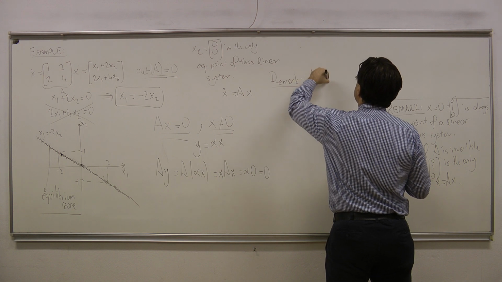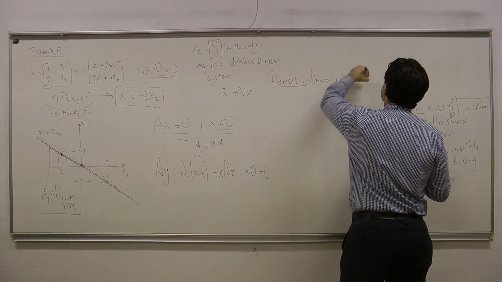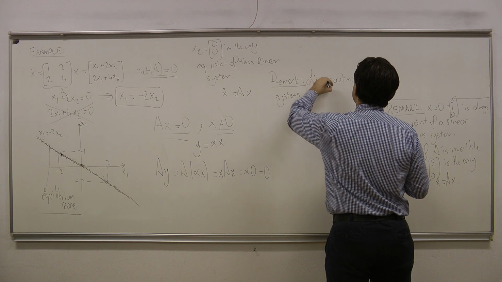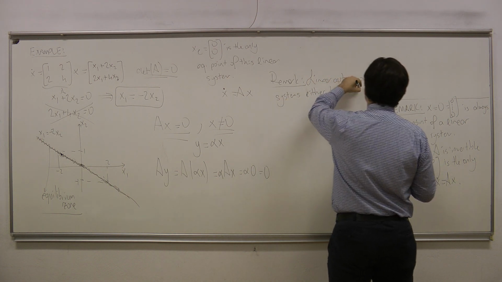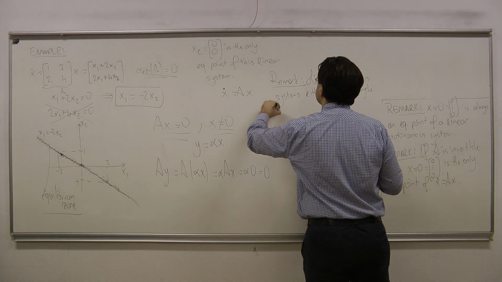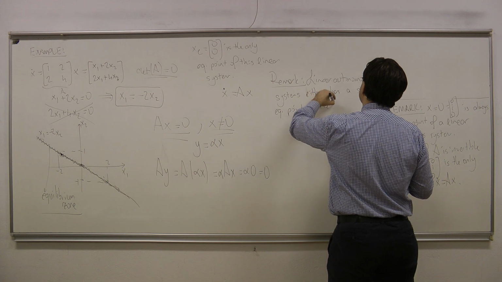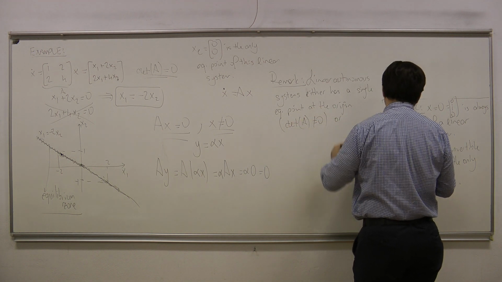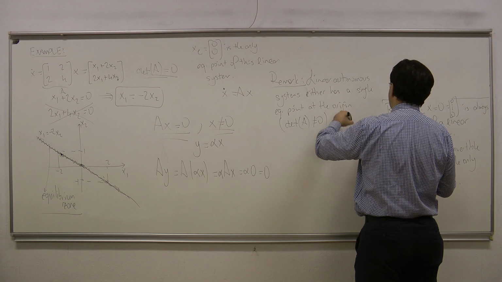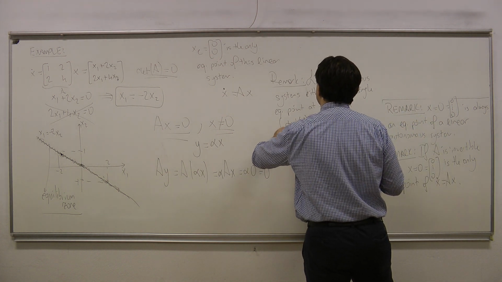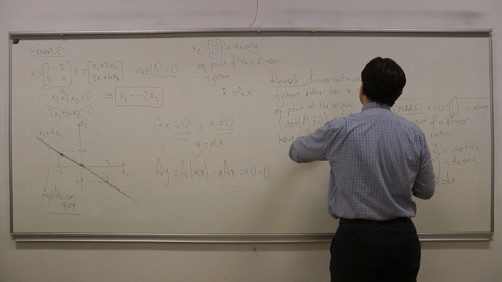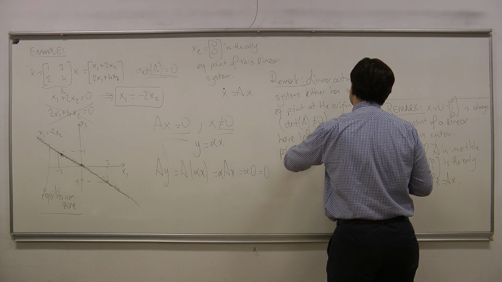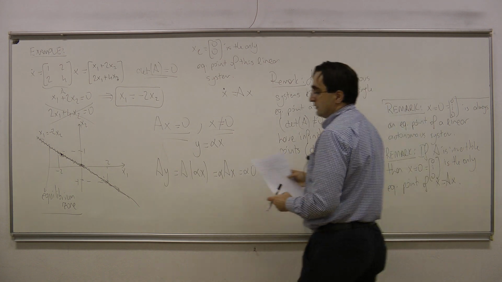Linear autonomous systems either have a single equilibrium point at the origin, which is the case when determinant A is not equal to 0, or they have infinitely many equilibrium points when determinant A is exactly equal to 0.